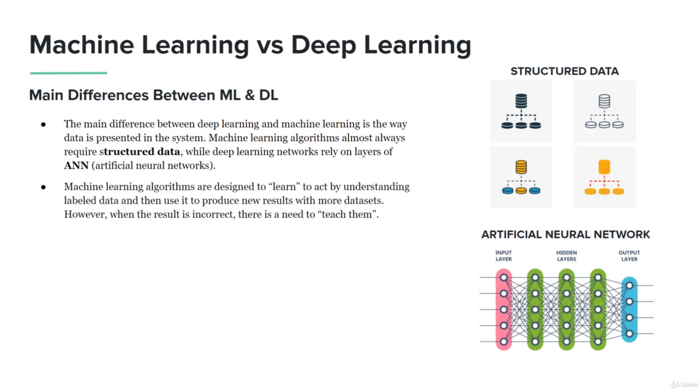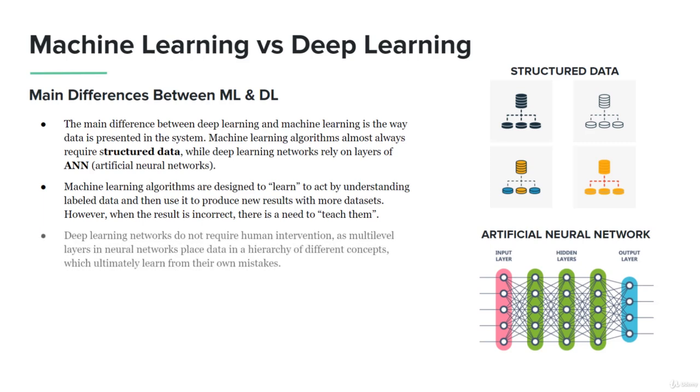Machine learning algorithms are designed to learn to act by understanding labeled data, and then use it to produce new results within more data sets. With deep learning networks, they do not require human intervention, as multi-level layers in neural networks place data in a hierarchy of different concepts, which ultimately learn from their mistakes.